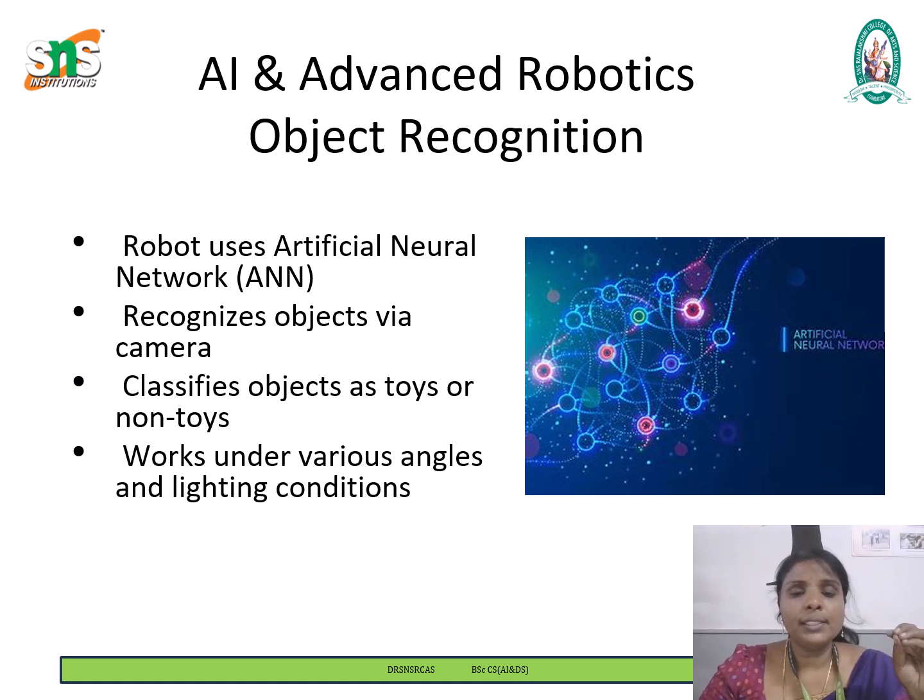This robustness is achieved by exposing the ANN to a wide range of image conditions during training, which enables it to generalize and perform well in real-world scenarios. Overall, this robot exemplifies the powerful synergy between computer vision and machine learning, highlighting how AI can be used to create adaptable and intelligent solutions for everyday tasks.